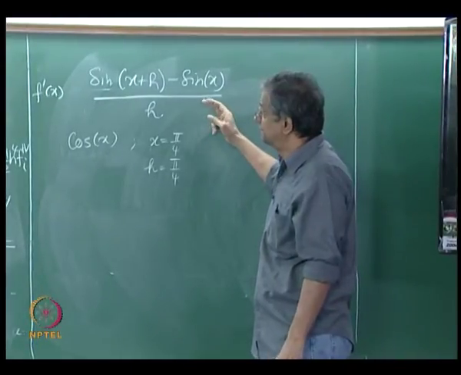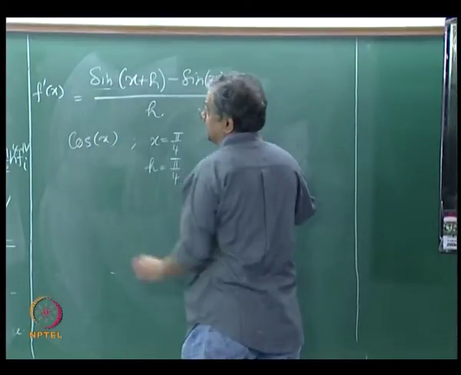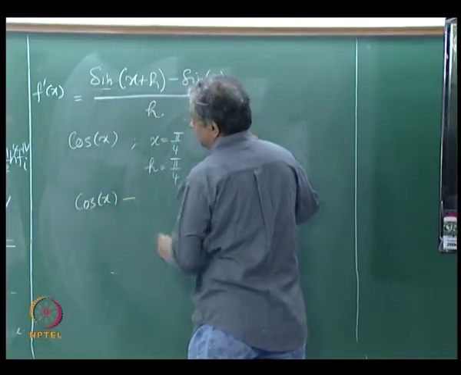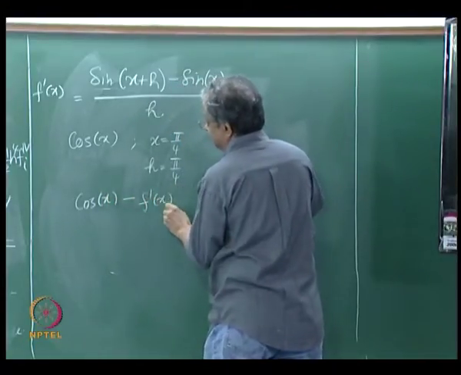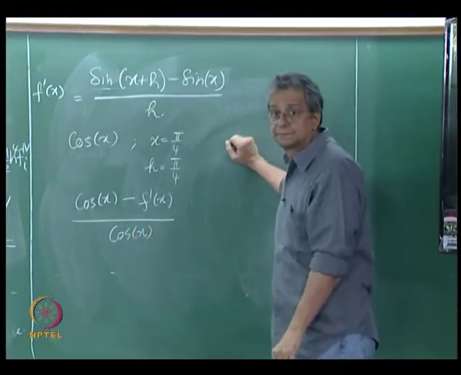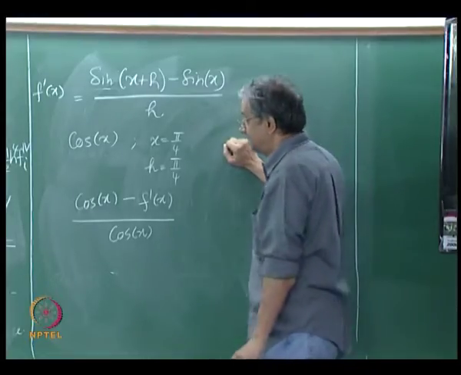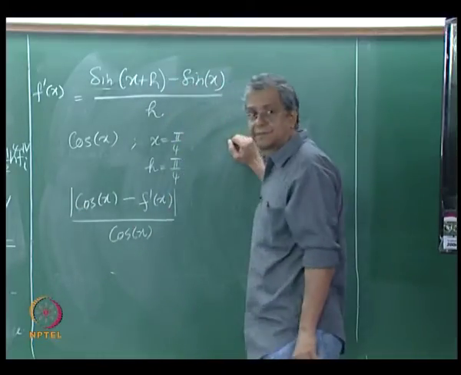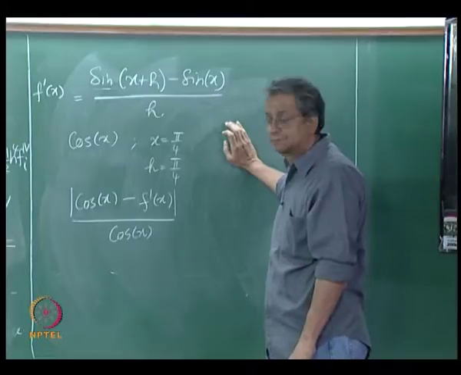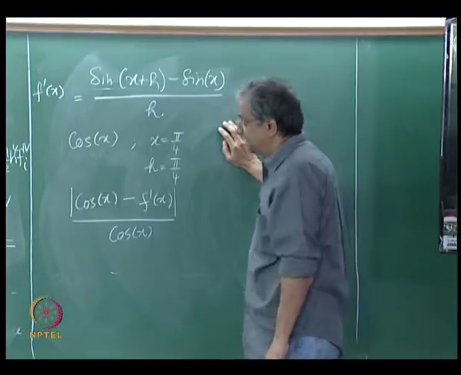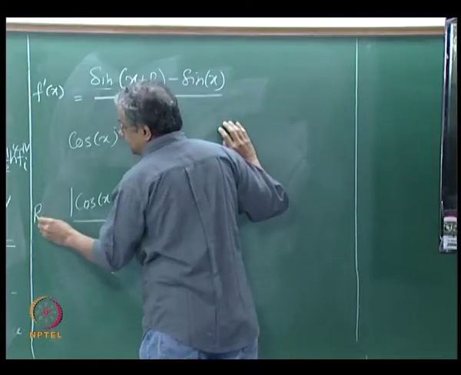What I want you to do is look at cosine of x minus f prime of x, divided by cosine of x. You can take the modulus if you want to keep it positive. And what is this? This is some kind of a relative error.